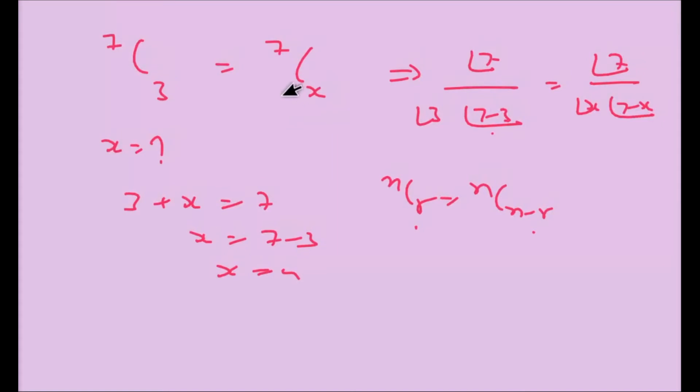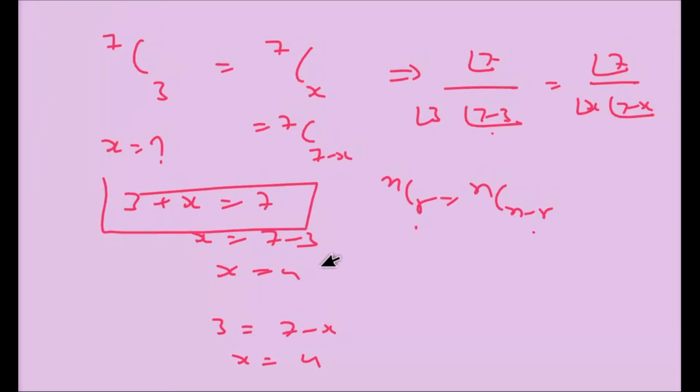We can write 7C3 equal to 7C(7 minus x), so 3 equal to 7 minus x, so x equal to 4. Okay, do it this way using this formula and you can solve it. Don't try to solve this the other way, right?